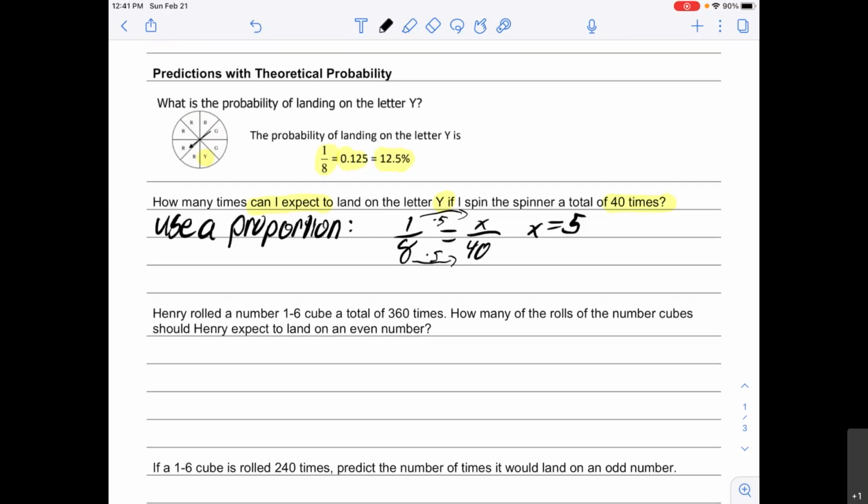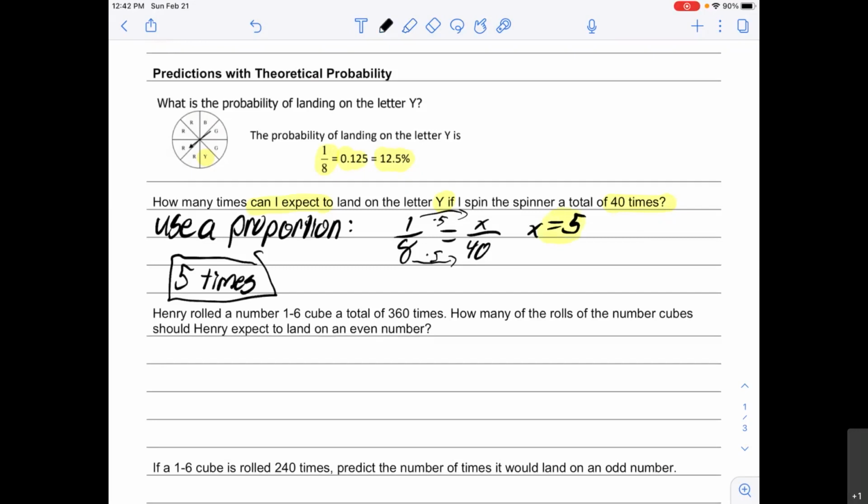The last thing I want to do is look at what this means for the problem. My question was how many times can I expect to land on the letter Y if I spin the spinner 40 times? So I would expect to land on the letter Y 5 times. My answer would be 5 times.